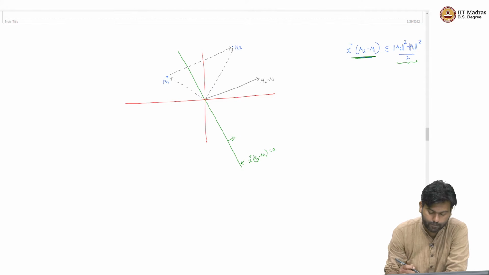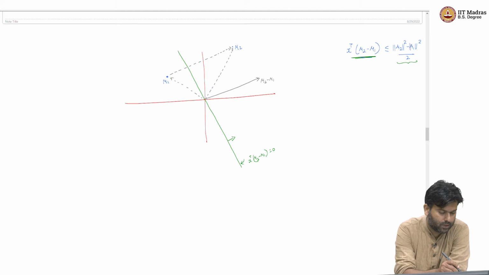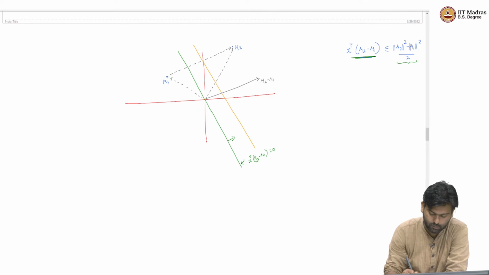So that would give me a line, let's say somewhere like this. Now, this could be the line which is x transpose (mu2 minus mu1) equals (norm mu2 squared minus norm mu1 squared) by 2, right.